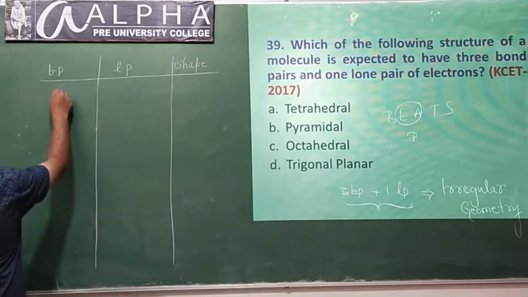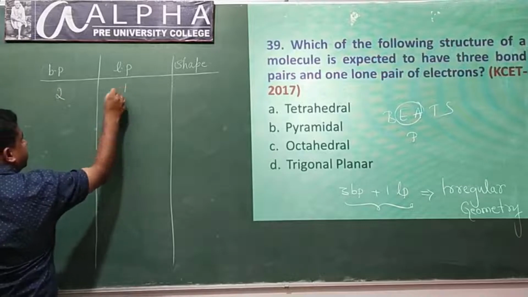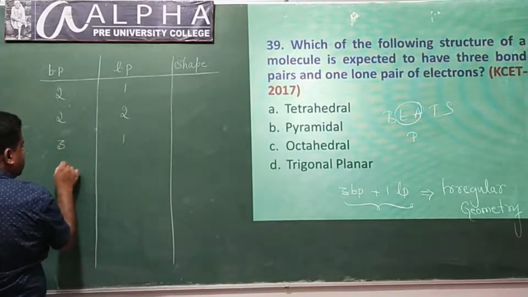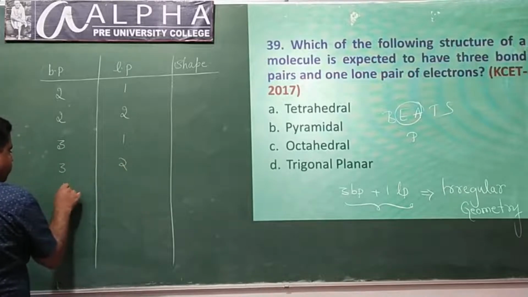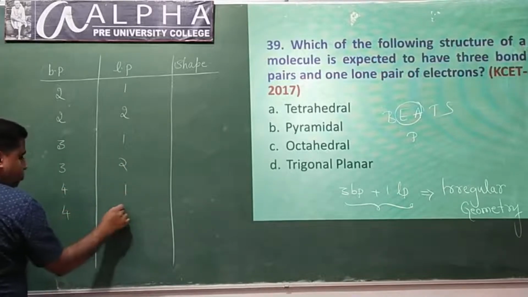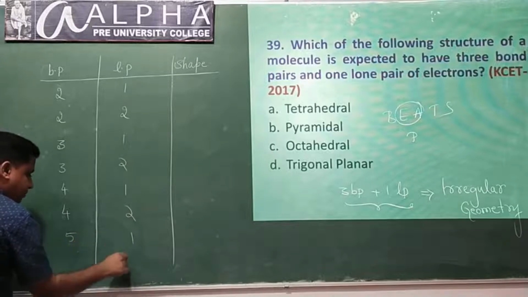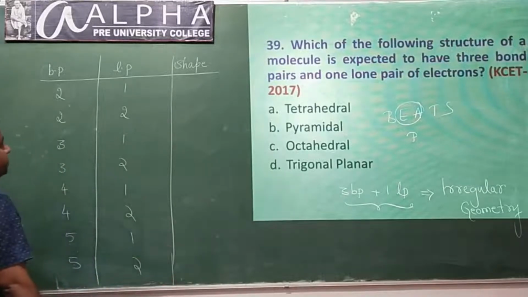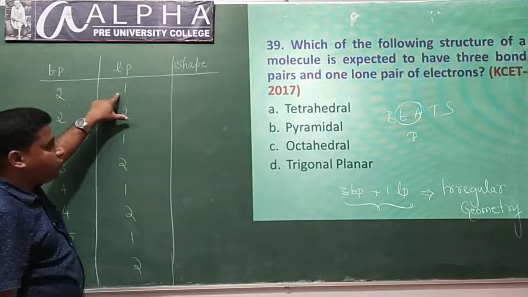Look at here, how did I write? 21, 22, 31, 32, 41, 42, 51, 52. 2 bond pair, 1 lone pair: what is the shape?